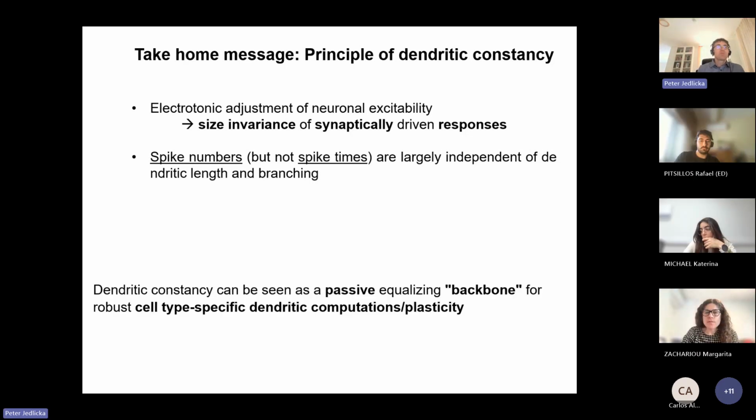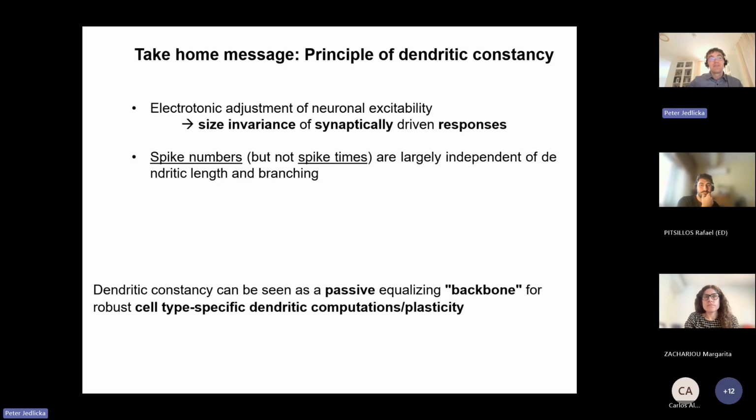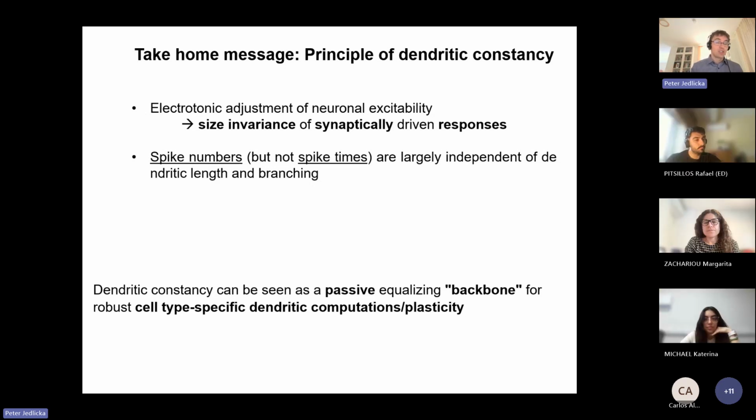So we see this principle as a backbone, as a passive backbone for neurons, which makes their somatic responses more robust. And here I mean spike numbers, not spike times. But of course, the cells are not that boring, right? It's not the case that all cells respond with similar firing rate. They can use this backbone for their cell type specific computations and plasticity.